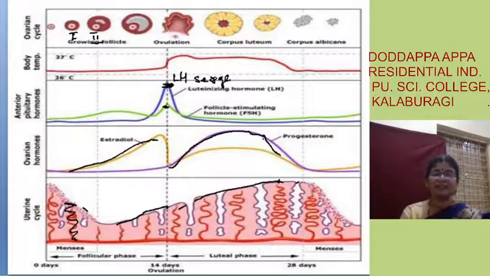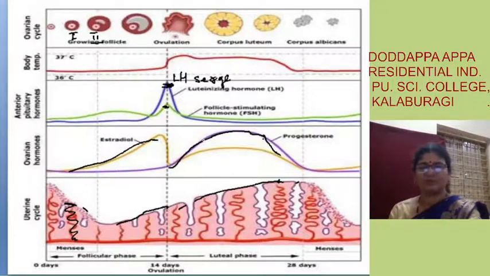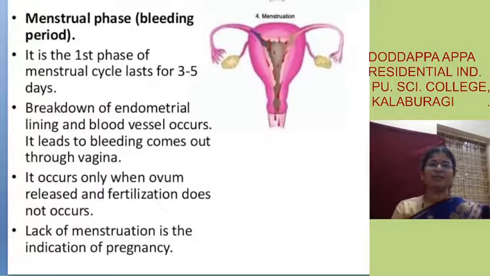So this graphical representation and the changes in the follicle, hormonal level, body temperature, and endometrium structure, you just have to know, okay. Now the menstrual phase. Here the explanation of the menstrual cycle is given.